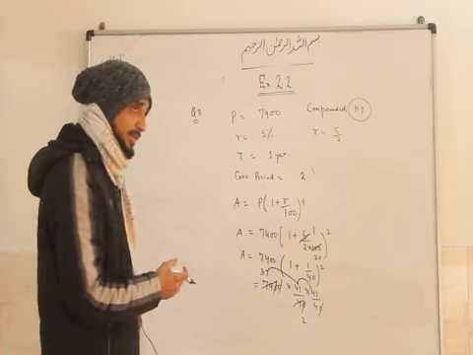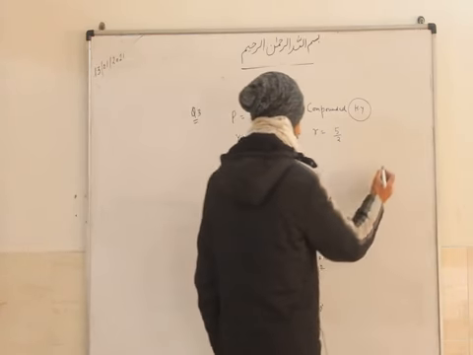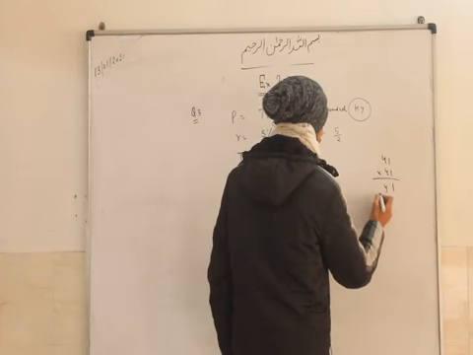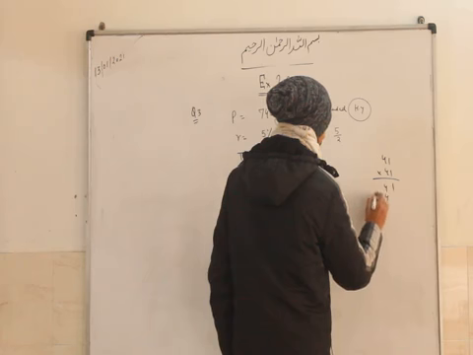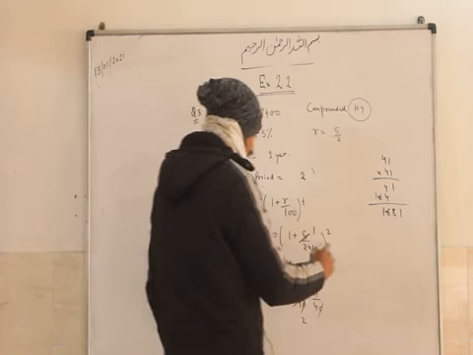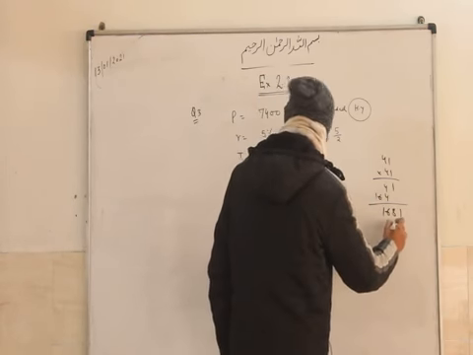The answer will come in decimal. So let's see, this is 41 times 41, which is 1681, and 37 is left here.